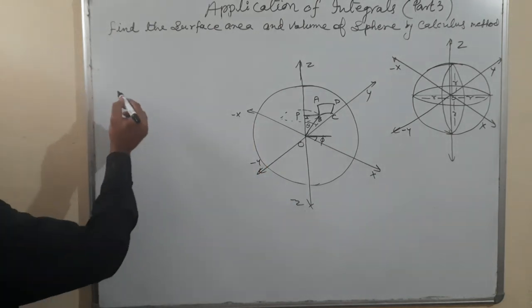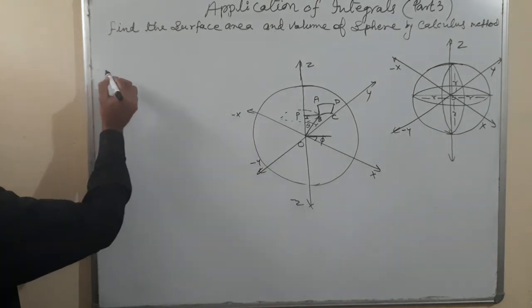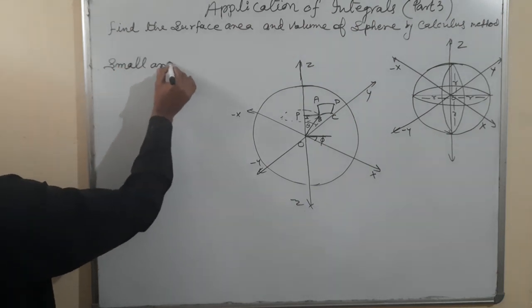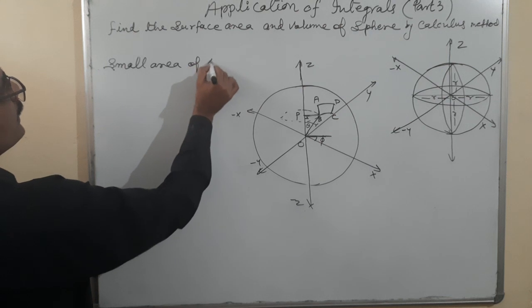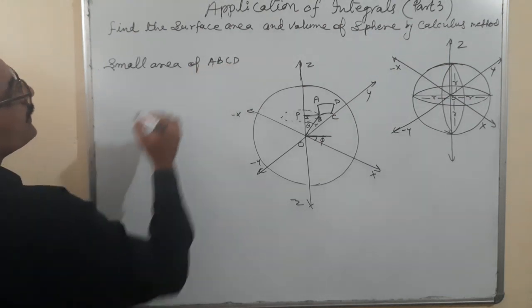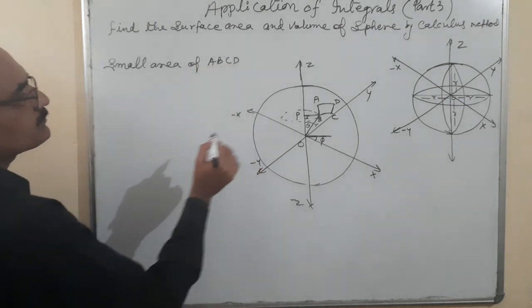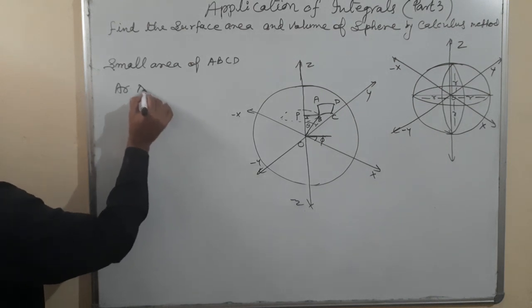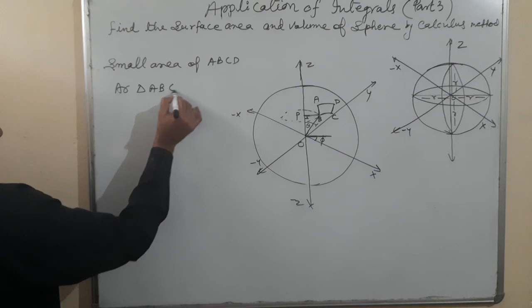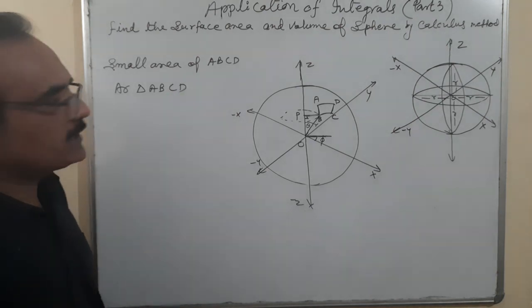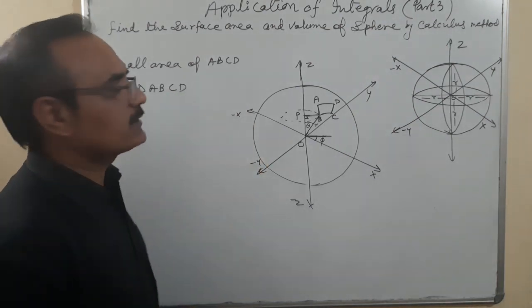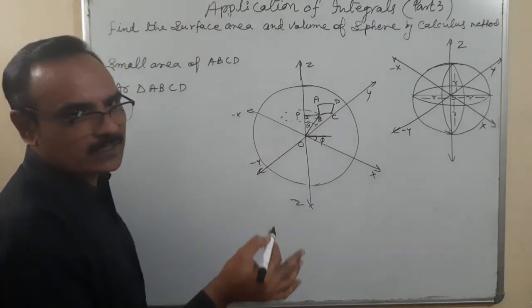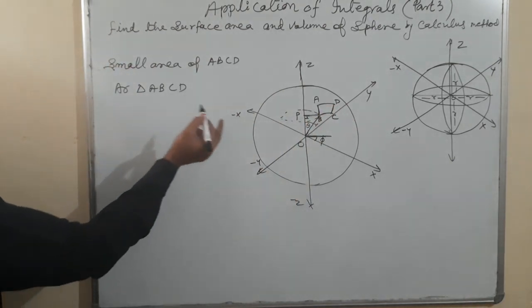So this small area of ABCD. Okay, what to write here? Area of delta ABCD is treated as a very small area, which is equal to length into breadth. We are treating it as a rectangle, length and breadth are different, so it's equal to length into breadth.